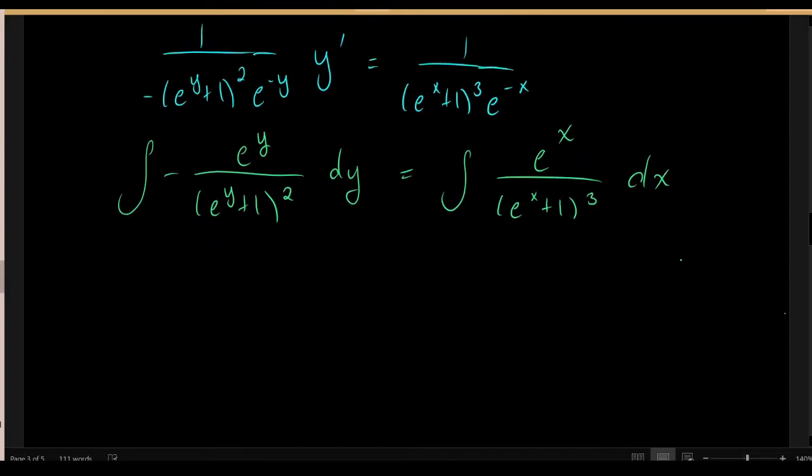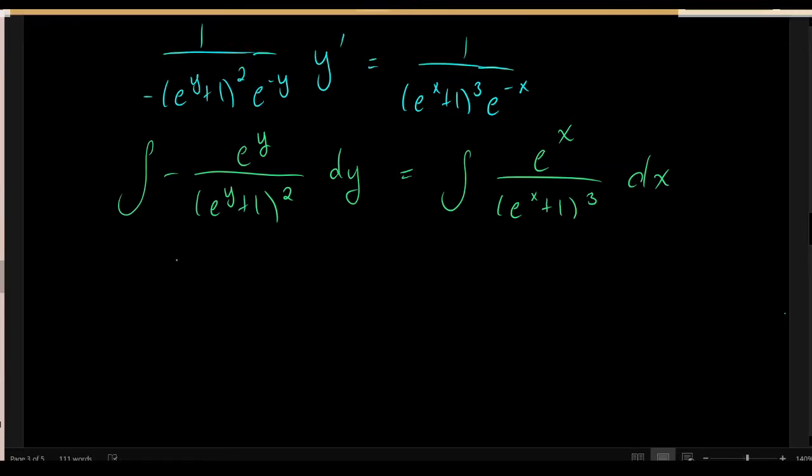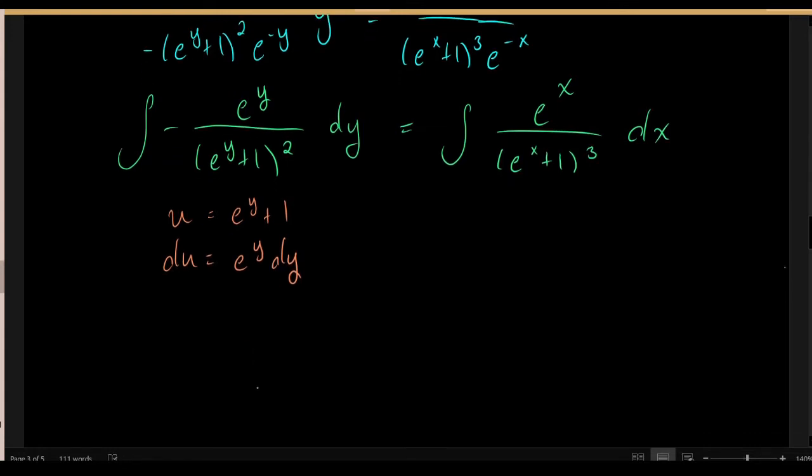Now this looks like a good opportunity for a substitution. For example, on the left-hand side, if I set u equal to e to the y plus 1, then du would be equal to that e to the y dy that I have in the numerator. So I would be effectively integrating negative u to the minus 2 du, moving it out of the denominator.